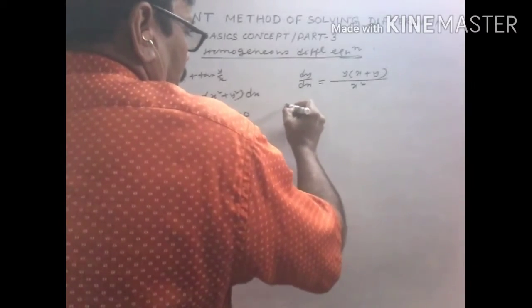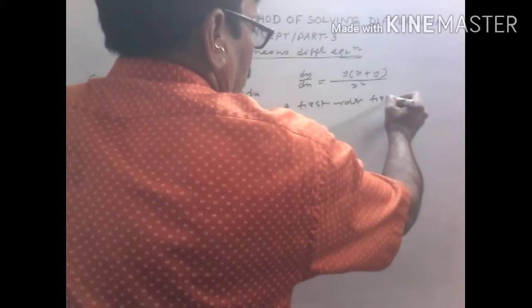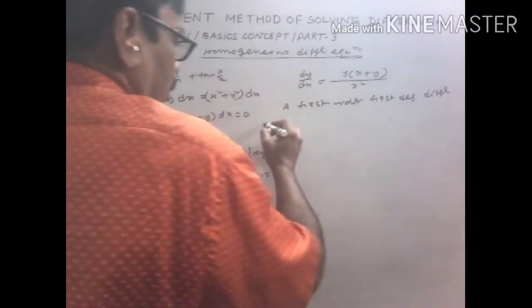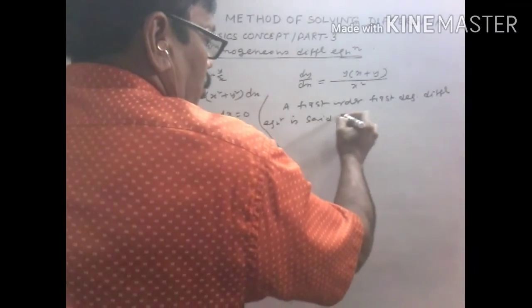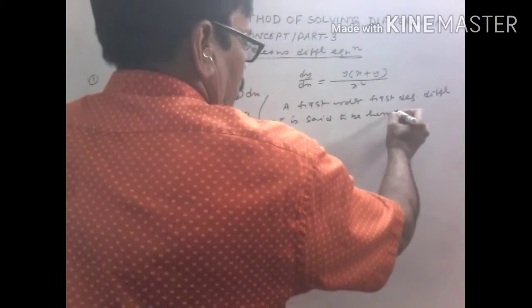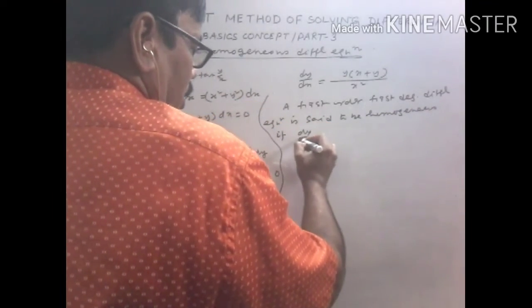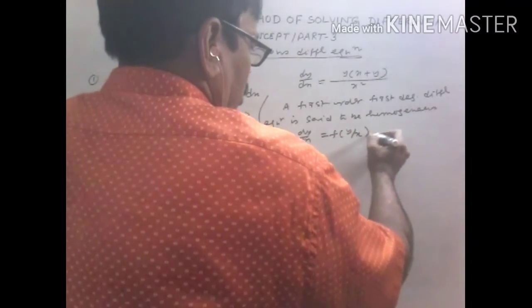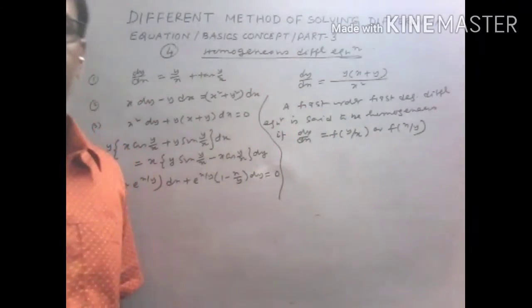Definition. A first order, first degree differential equation is said to be homogeneous if dy/dx equals a function of y/x or a function of x/y.